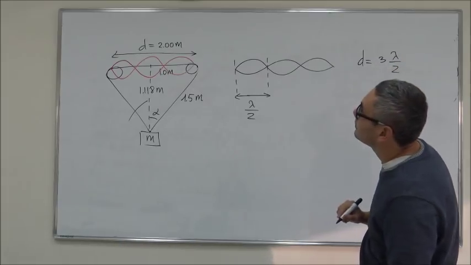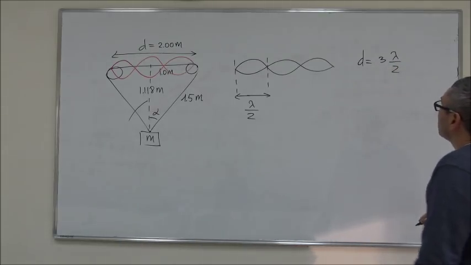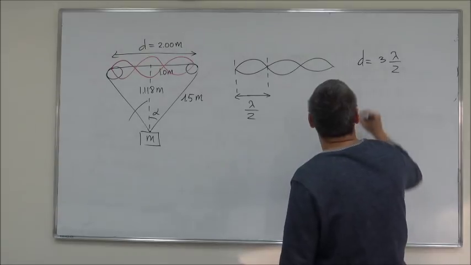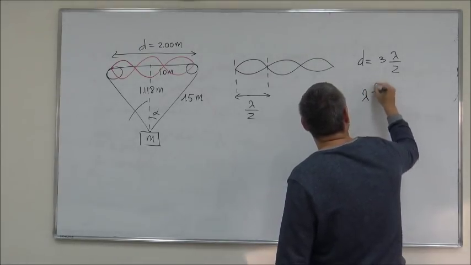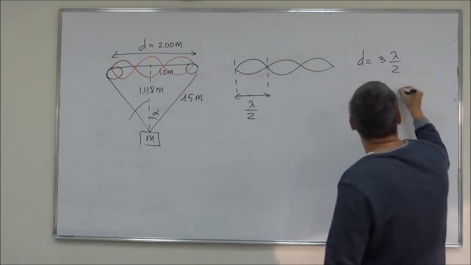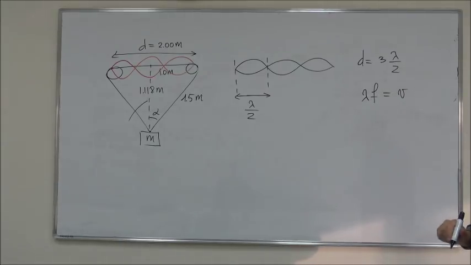On the other hand, we know that lambda times the frequency is equal to the velocity of the wave in the string. Well, we also know that velocity is related to tension and the mass per unit length. So this is equal to the square root of tension in the string divided by mu.